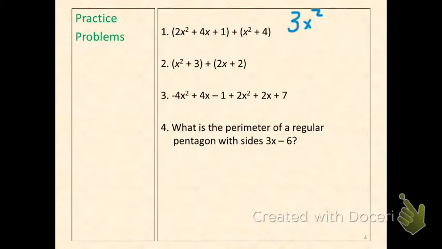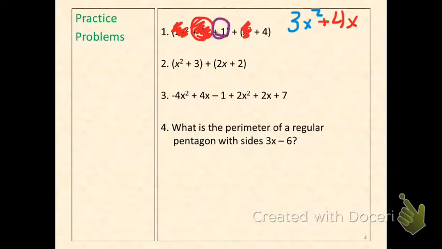Now I look at, I'll cross that out, cross that out. Now I look at just the plain old x's. This has a plain x, this does not, this does not. So all I have is a 4x, so I'm going to put a positive 4x here, and I'm going to cross out that 4x. Next, I look at what are called the constants, the regular old numbers.